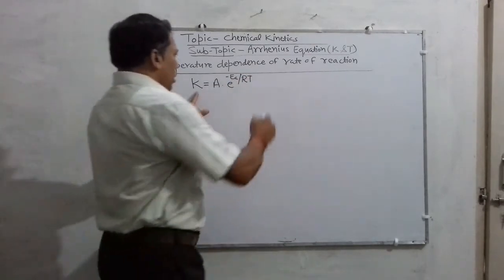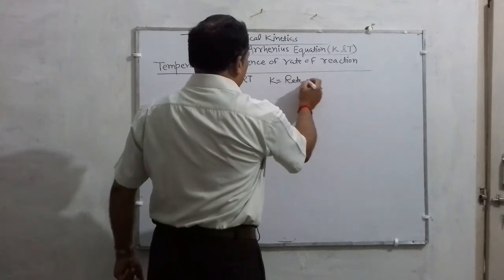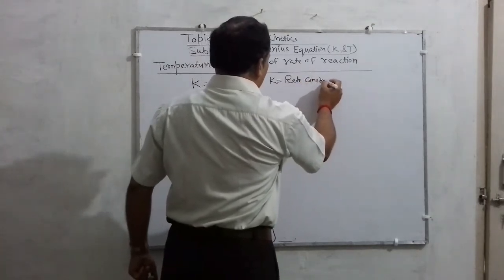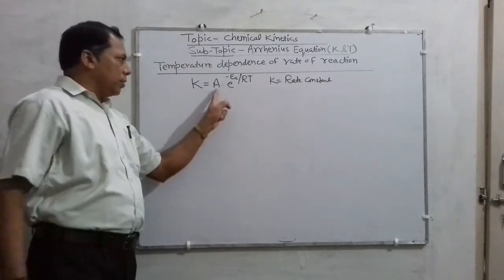where k is called the rate constant. You must know the terminology which is used. k is the rate constant.